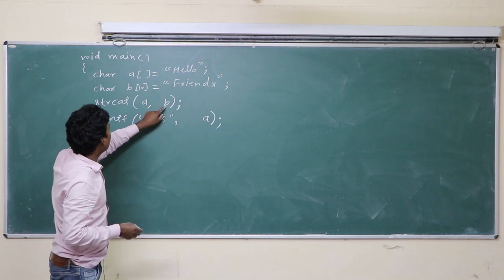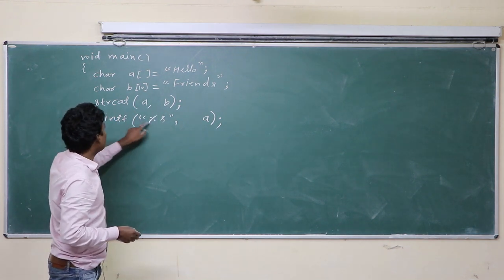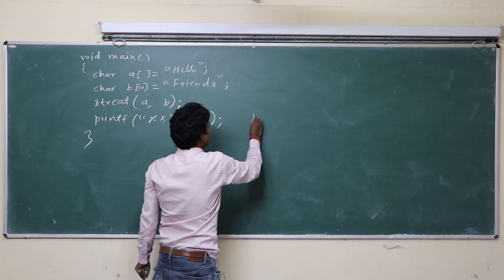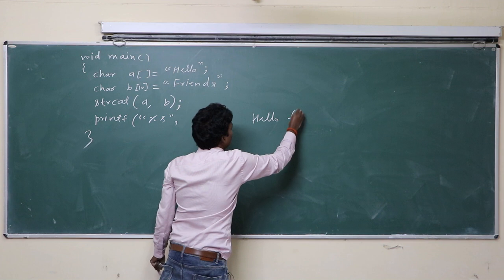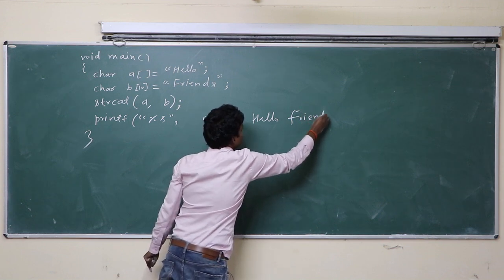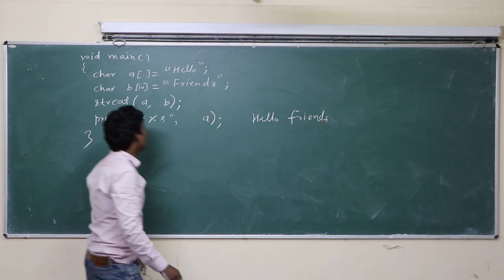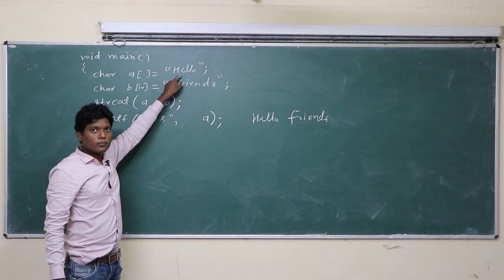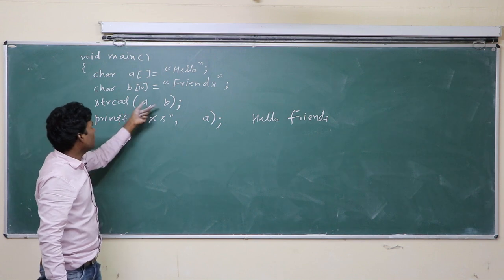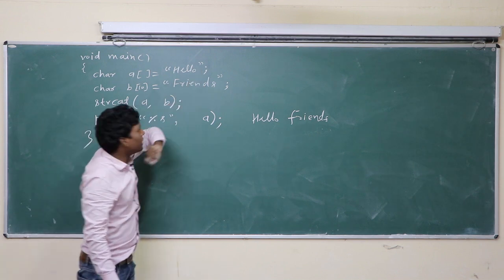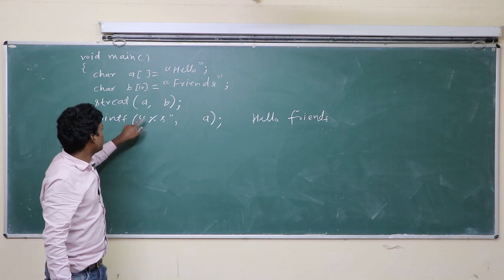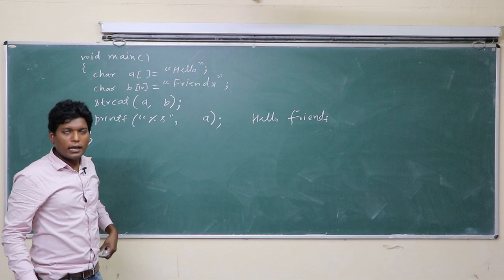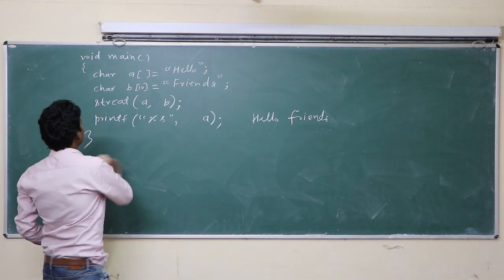Printf %s A now has hello friends. Previously A had only hello, but after concatenation friends is also added after hello, so A has both hello as well as friends.